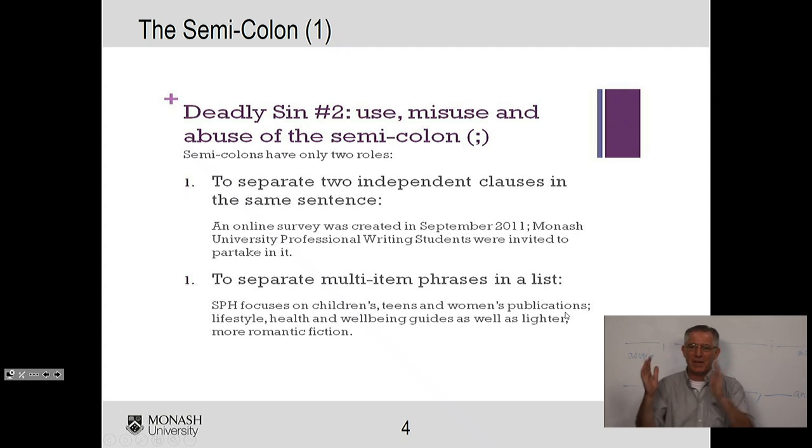And using a comma then to separate the other main items in the list is going to be awful. That's when we can use a semicolon as well, as this next example shows.